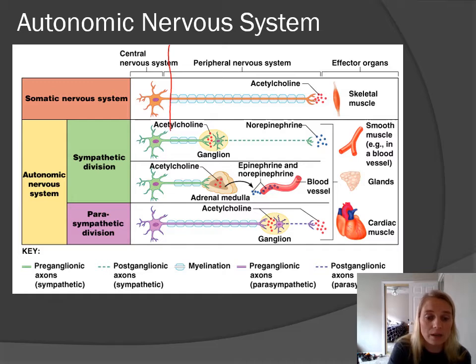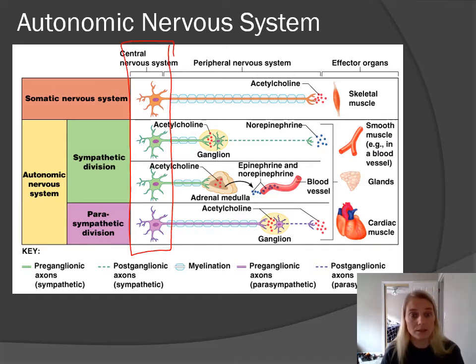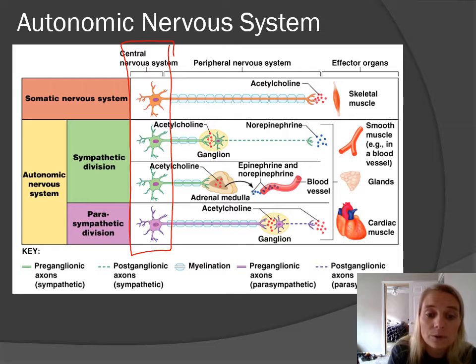These cell bodies of our neurons are located in the central nervous system, right? So the anterior gray horns of our spinal cord or gray matter in our brain. Doesn't matter, just any part of the central nervous system, you're going to have cell bodies. And then it branches off either from your brain, like in a cranial nerve, or off your spinal cord in a spinal nerve. And here's our peripheral nervous system.